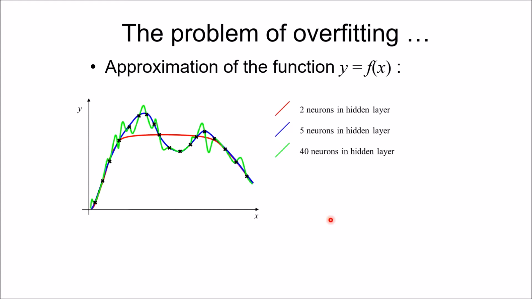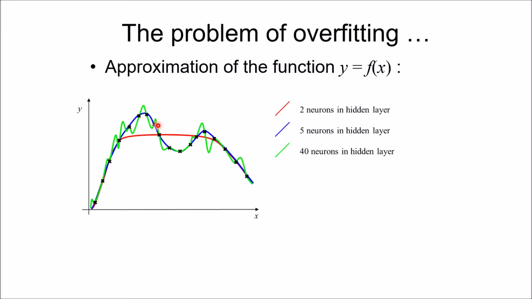The second thing that is quite important is the problem of overfitting. In this case, the cross points here are your training data set. So what are overfitting, underfitting, and a nice fit?